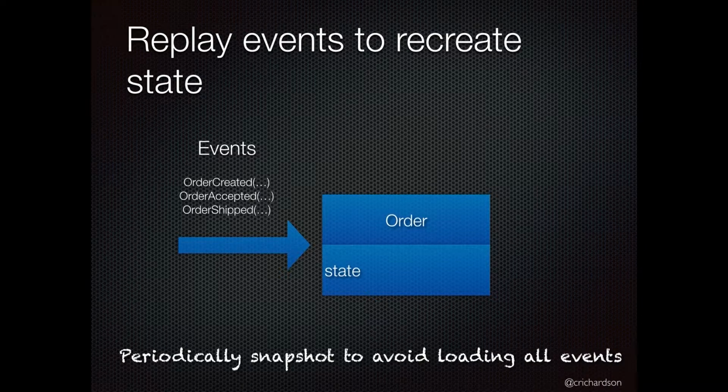And that works perfectly for objects like orders that have a relatively limited lifetime. Now you might be wondering, say with a bank account that you could have open for many years, that would be a humongous number of debits and credits. And loading them and replaying 10 years worth of account history would be expensive.